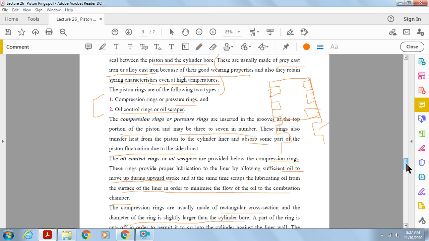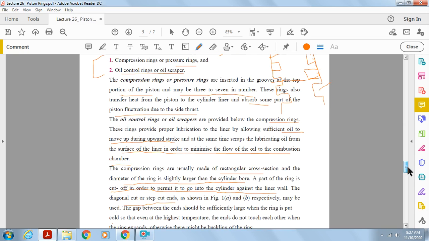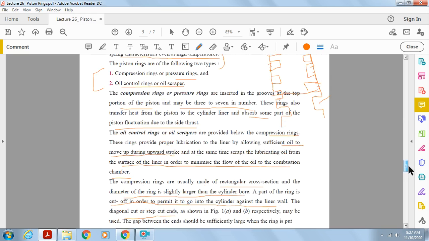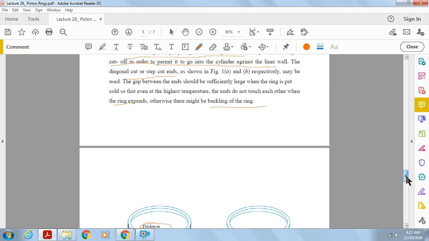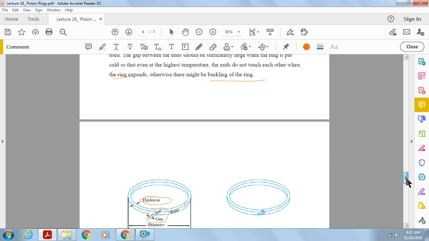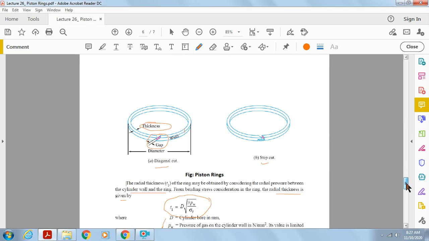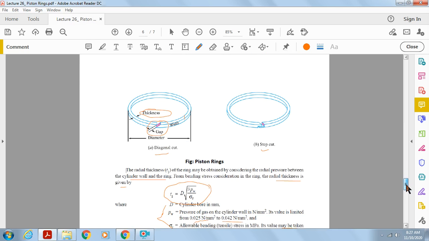What are their individual functionalities? What are the functions of compression rings, what are the functions of oil control rings, and why are they so important, also from the construction point of view. As I have told you earlier, you have to refer to the diagram of the trunk type piston. Only then will you understand what B1 is, what B2 is, what the top land is, and what the bottom land is.